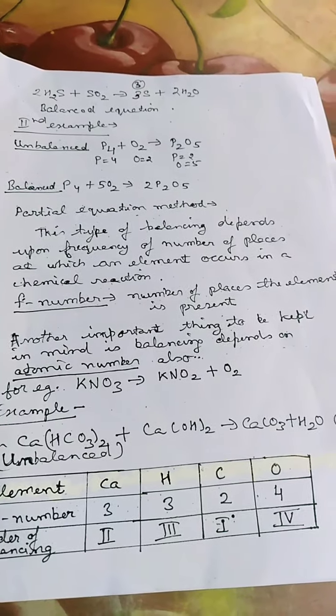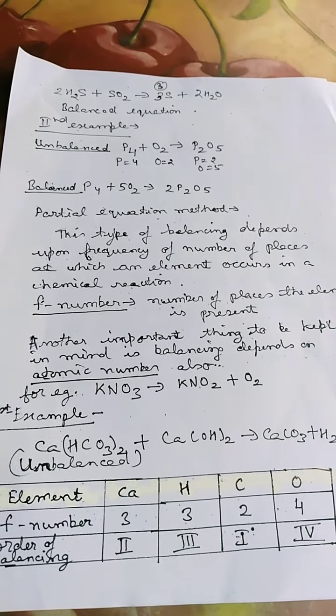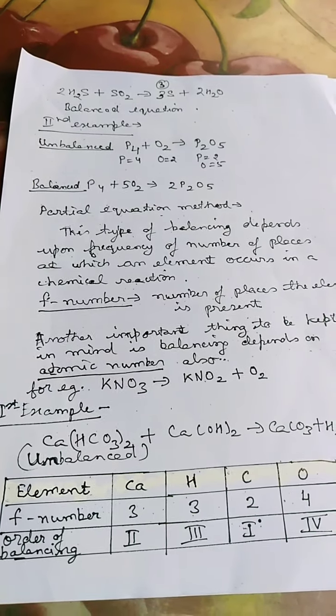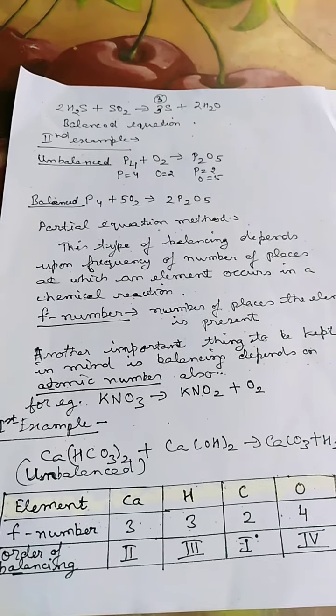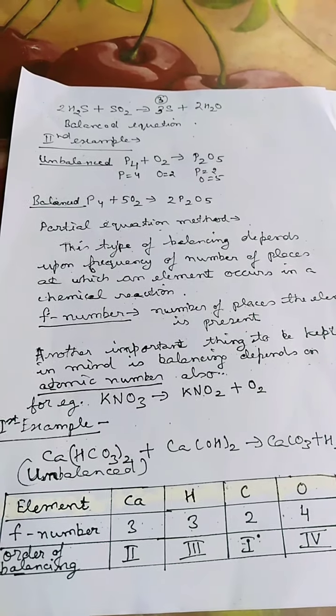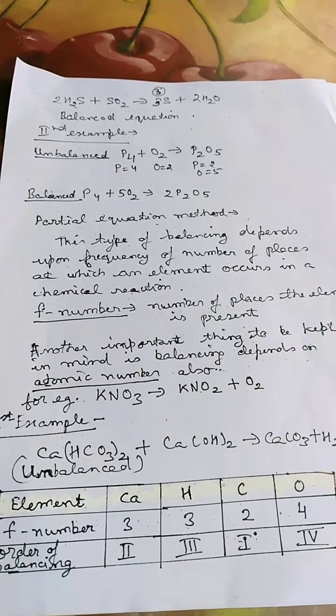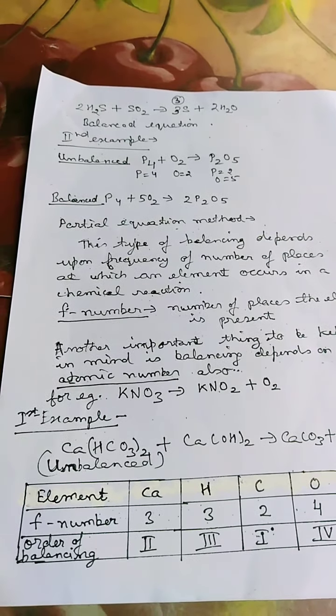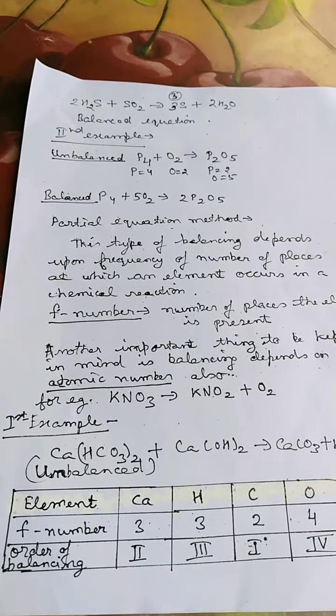We will start with carbon first, as it has the least F number, which is 2. On the left hand side there are 2 carbon atoms, while on the right hand side there is only 1 carbon atom. So we will multiply CaCO3 by 2 and make carbon 2 atoms.